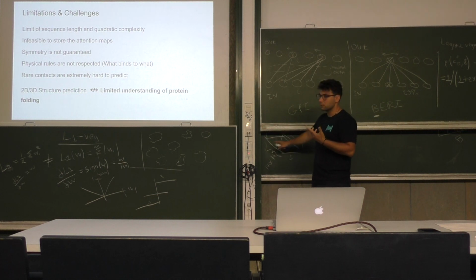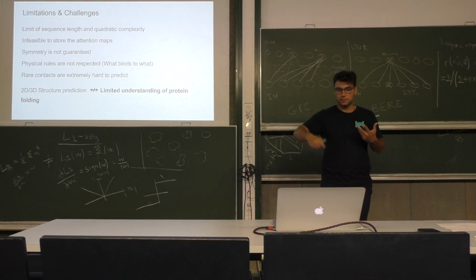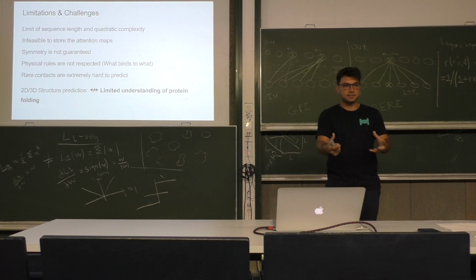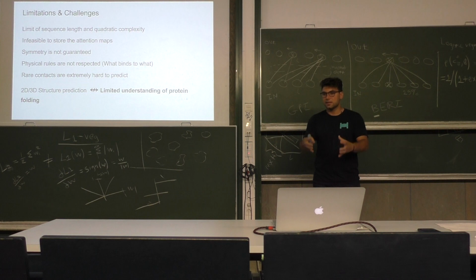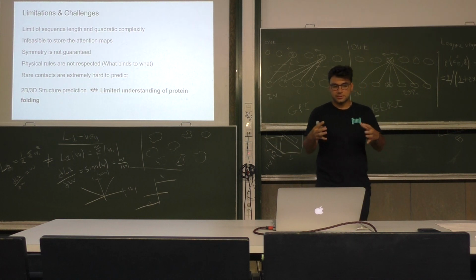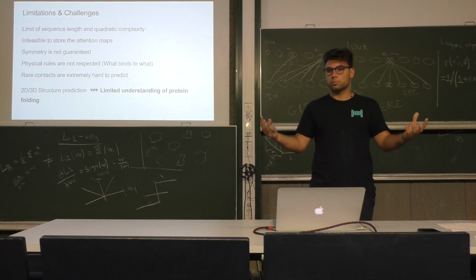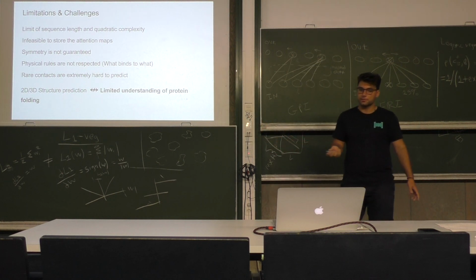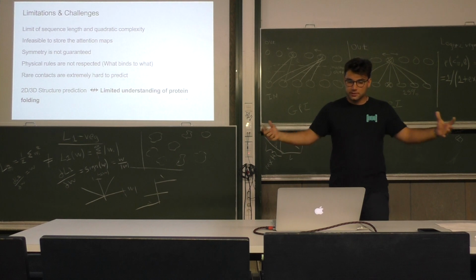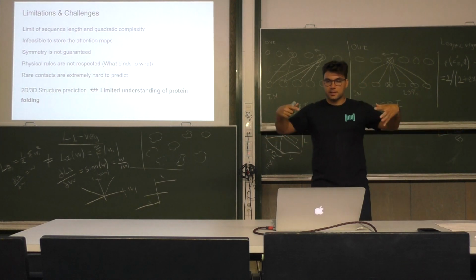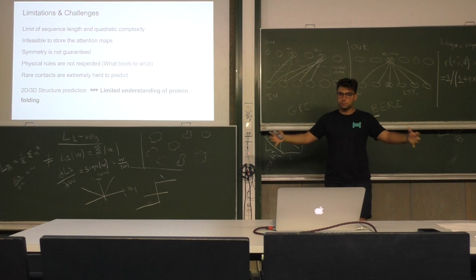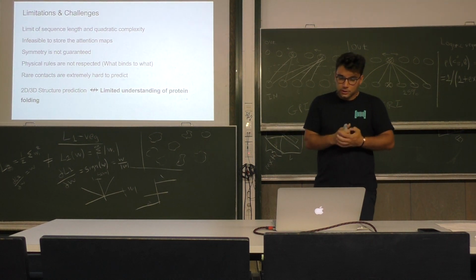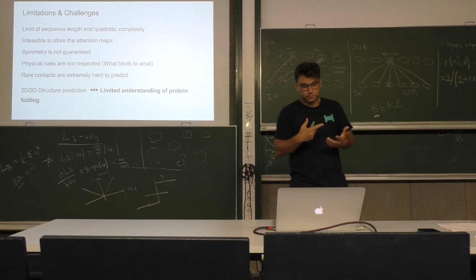If you do the math and all these values are floating points, you can see that even in a tiny subset, a test set, you can already get terabytes of information, which is infeasible to store locally on hard drives, even on the cloud. It would be highly costly. These largely pre-trained transformers are a compressed version of all the sequences they have seen. So it's impossible to store these maps.